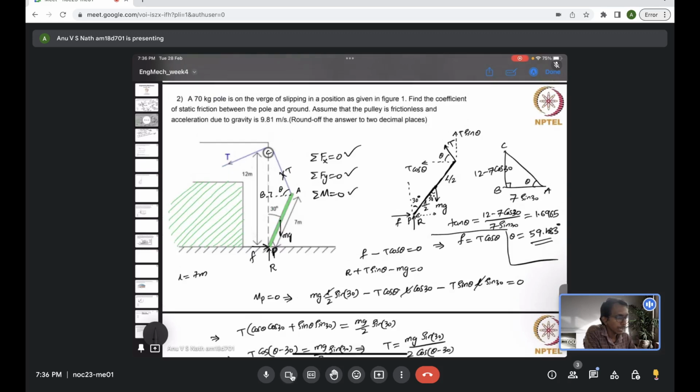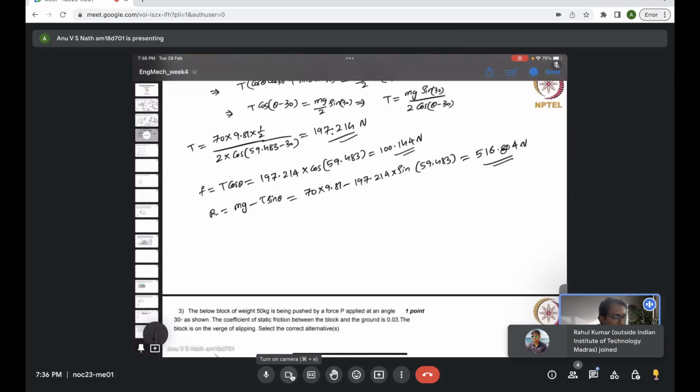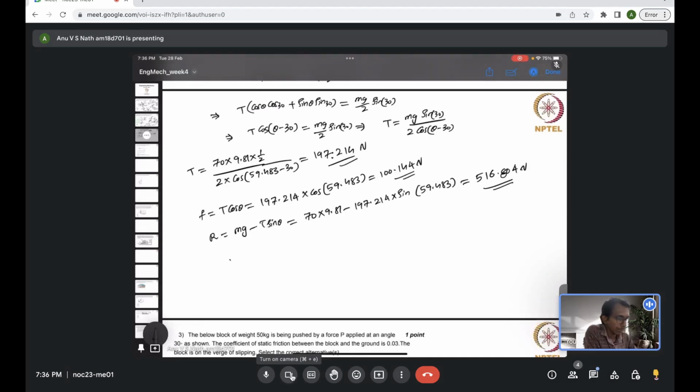Now our objective is to evaluate the friction coefficient. So for this system to be in equilibrium, F should be, at maximum, the friction coefficient times R. From this expression we can write the static friction coefficient is just F by R. So we have F equal to 100.144 divided by the reaction force, which is 516.804.